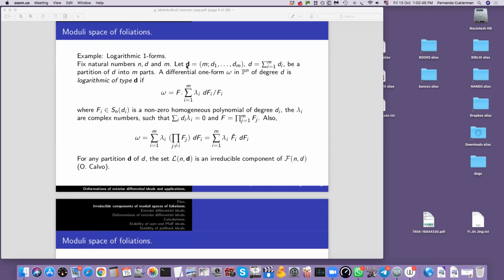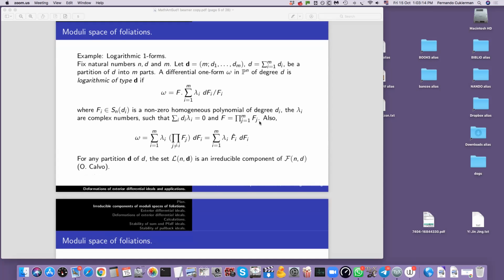Okay, so this is an important example of integrable forms and of components. So for a fixed degree d, you can look at all the partitions of this number d, and for each partition you have an irreducible component of the space of foliations. There are other components.